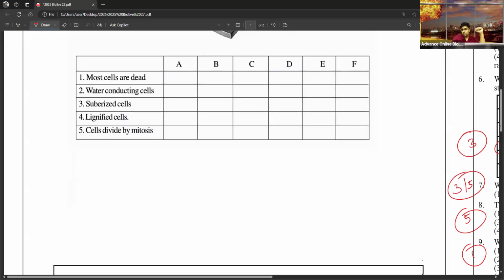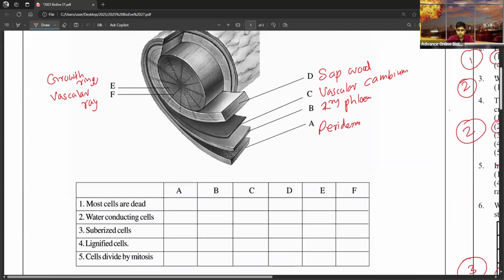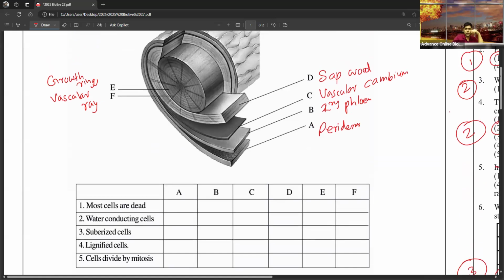Then you have to label this part, people. Most are dead. A, correct, right? B, secondary phloem, you don't see most live cells, right?